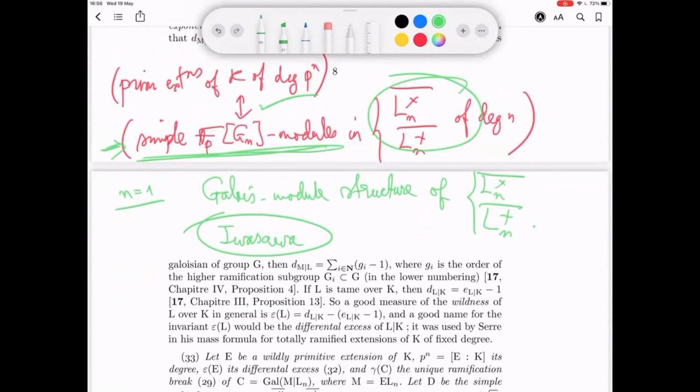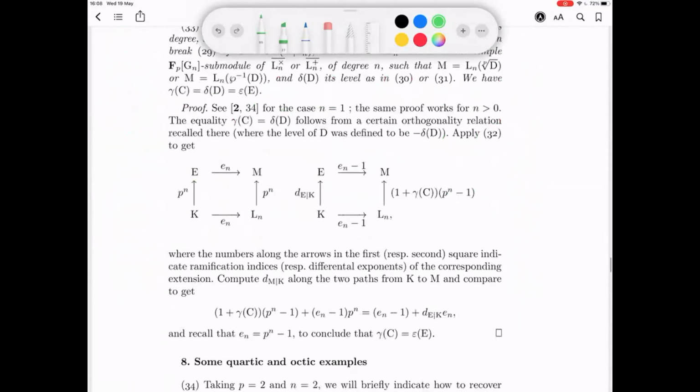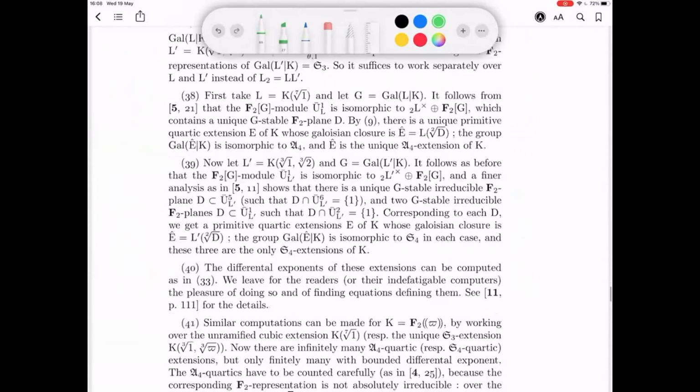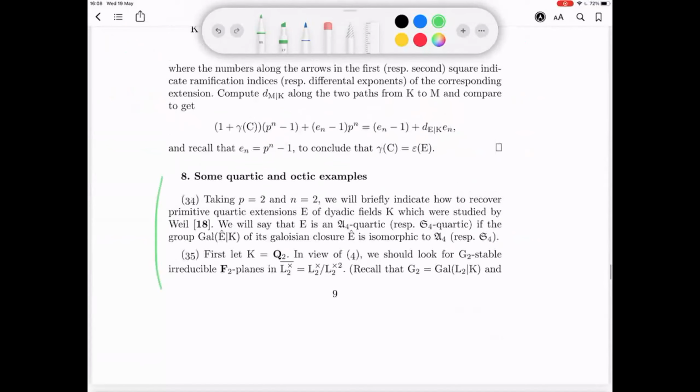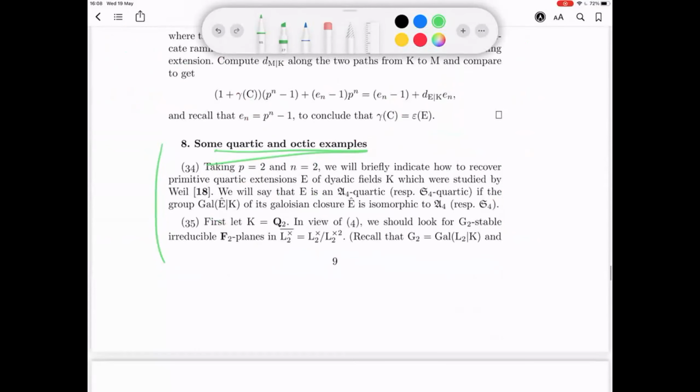So our parameterization is something which will actually help in finding these primitive extensions. For example, there are these examples which have been treated here: quartic and octic examples. Quartic examples are when p is equal to 2 and n is equal to 2.